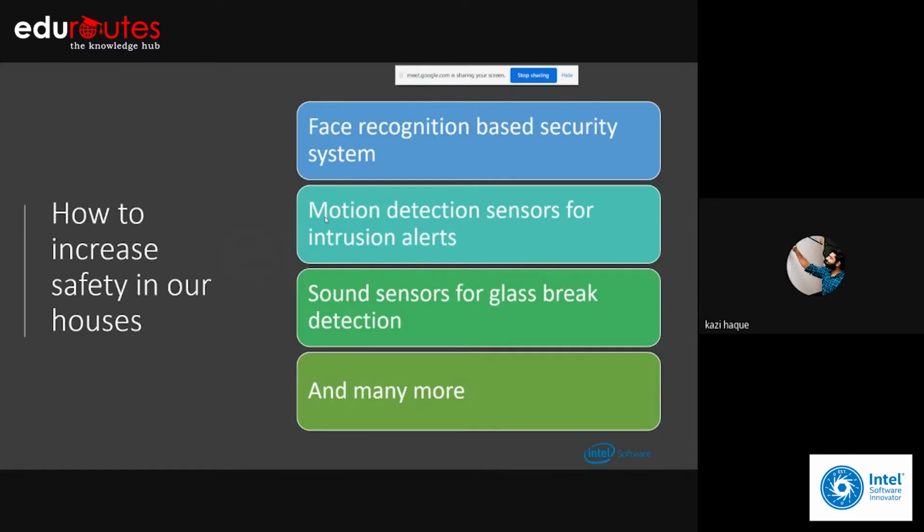There are different motion detection sensors available for intrusion alerts. There are different sound sensors for glass break detection, and many more which you can configure according to different use cases. So these are very practical implementations which happen across the globe in terms of converting a non-smart building into a smart building, right?